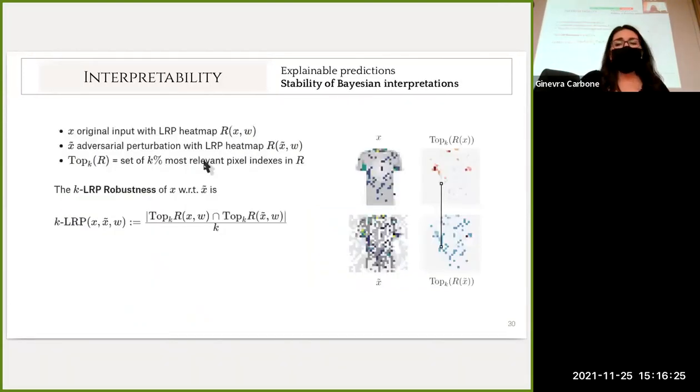The answer is yes. And in particular, we study the stability of Bayesian interpretations based on our previous theoretical finding. And in order to measure this improvement in the stability of interpretations, we define the LRP robustness in the following way.